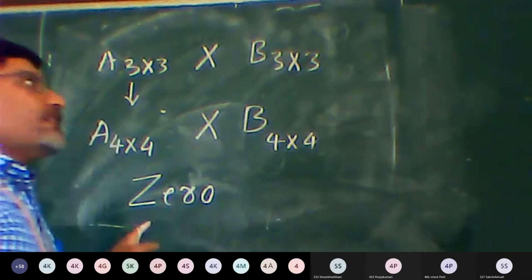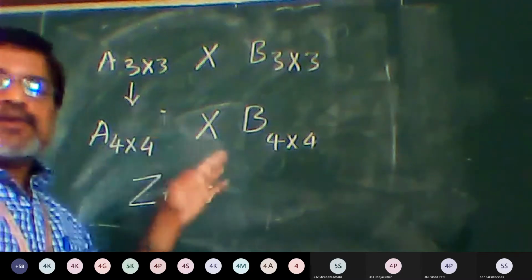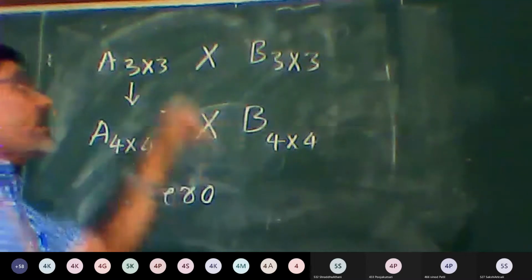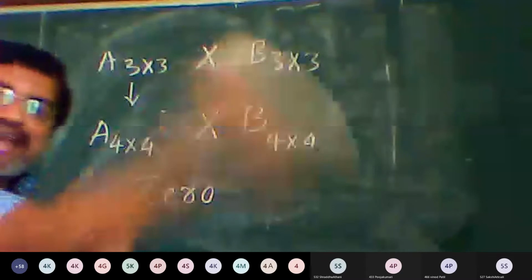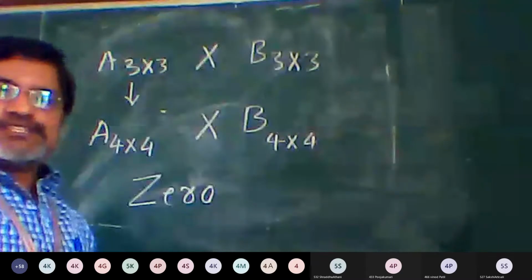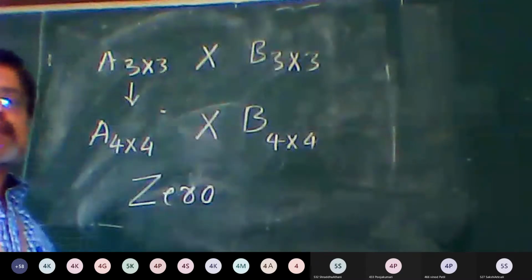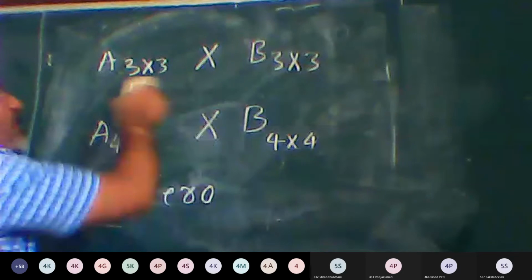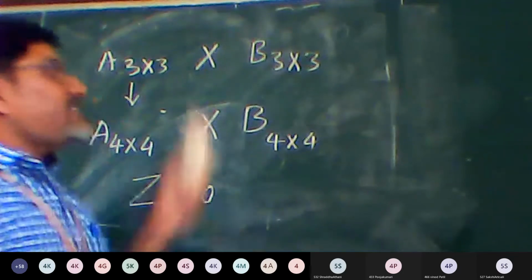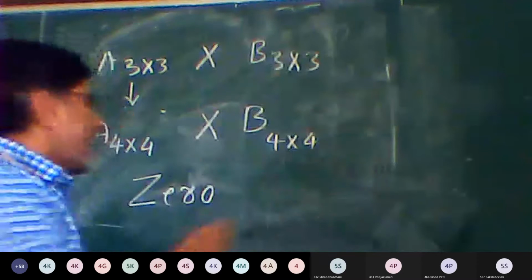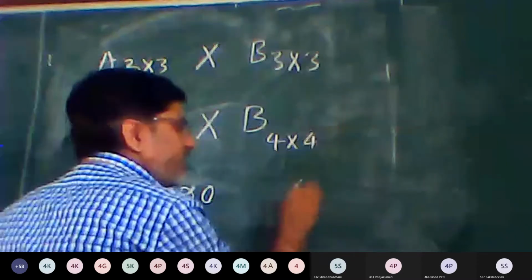You can try it out, work it out at home with a simple example: add zeros as the row and as the column at the ends, perform the multiplication, and you can see the result is going to be the same. The only thing is that the resultant matrix will again be a 4 cross 4.